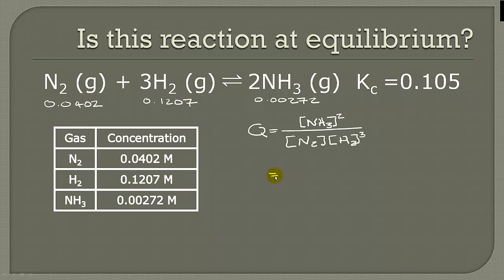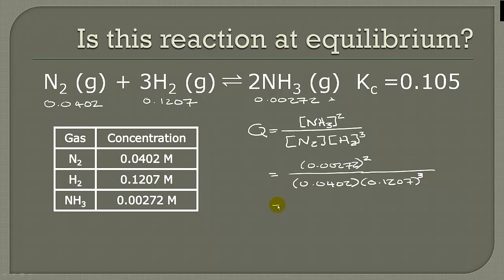The next step is just to plug the numbers in. Q is equal to, and we can read right from these numbers that we wrote over here, NH3 is going to be 0.00272 squared divided by 0.0402, extend this line out, times 0.1207 cubed.